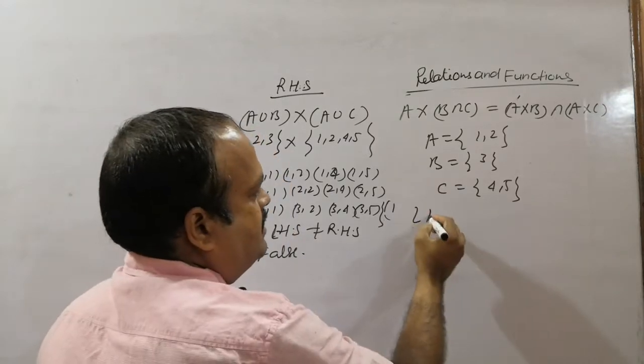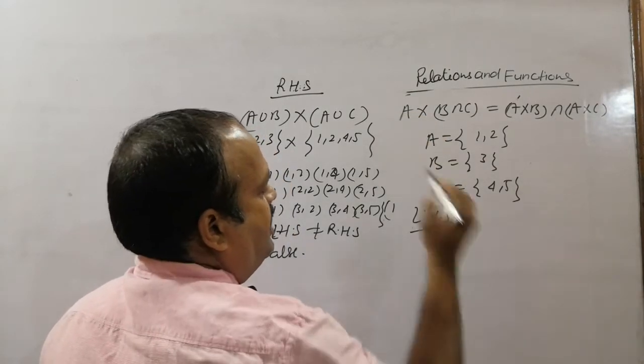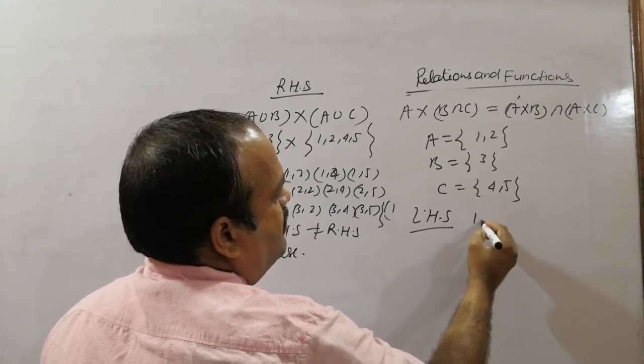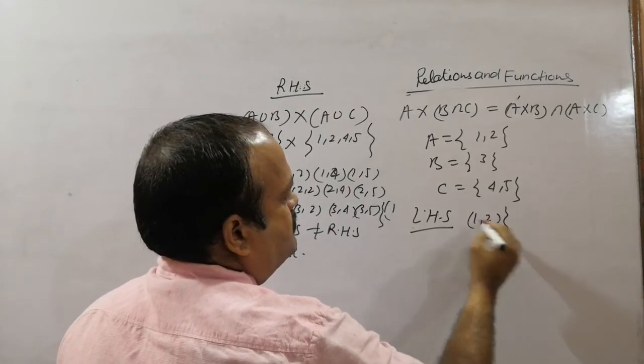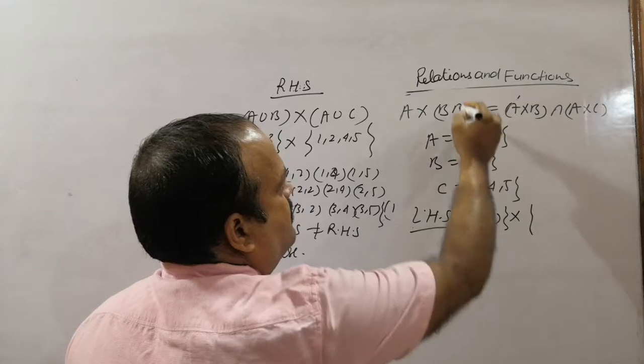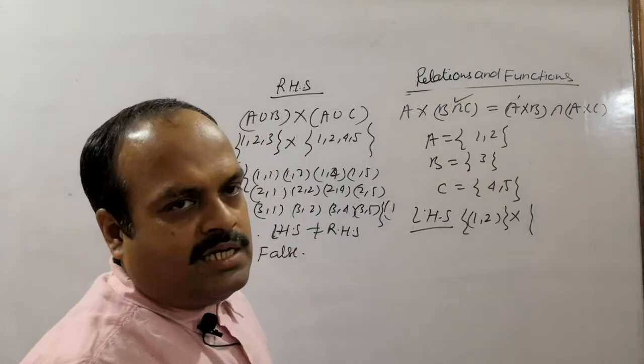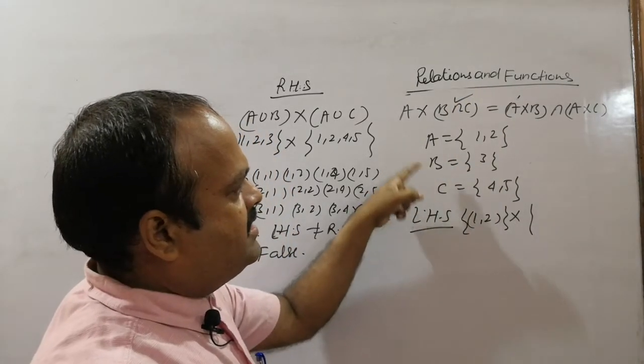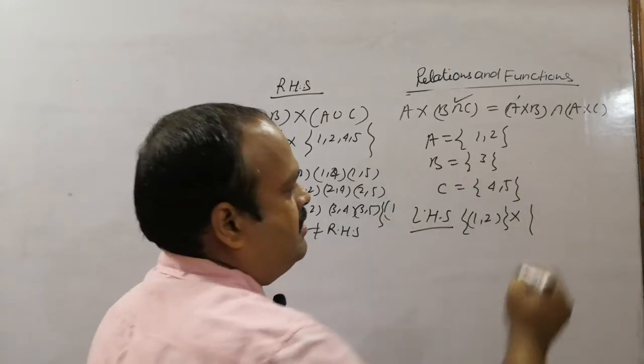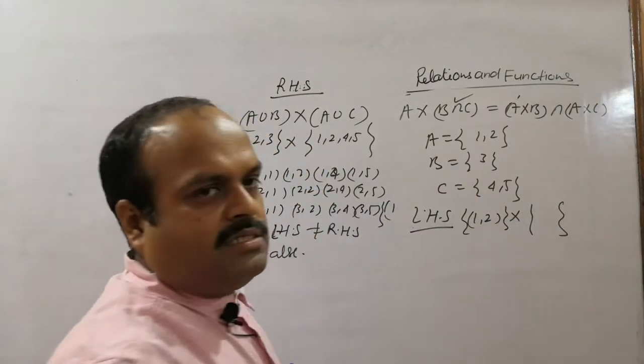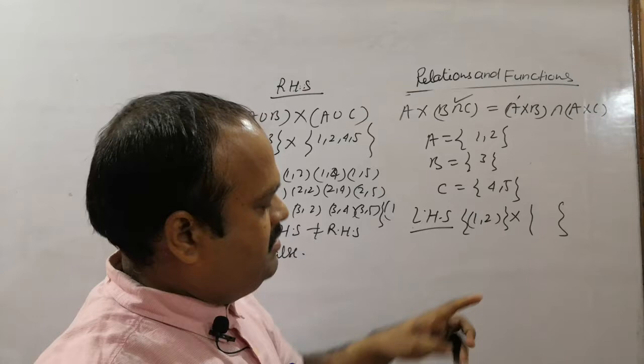So LHS: A is {1, 2} cross (B intersection C). So intersection of B and C will be empty set.